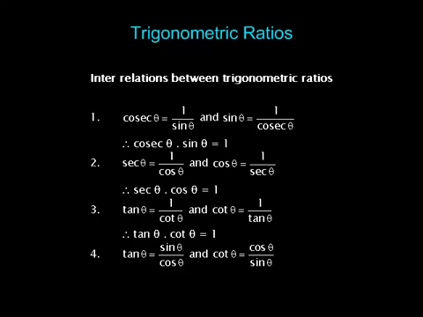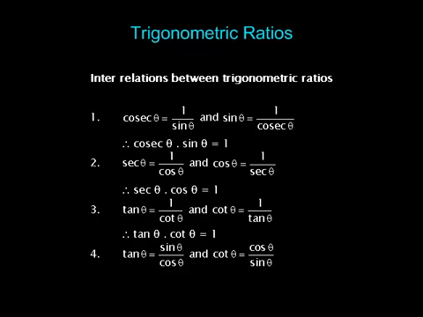Therefore, sin theta into cosec theta equal to 1. Cos theta equal to x upon r and sec theta equal to r upon x. Therefore, sec theta equal to 1 upon cos theta and cos theta equal to 1 upon sec theta. Therefore, sec theta into cos theta equal to 1.